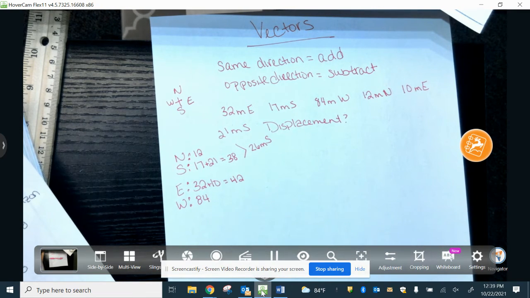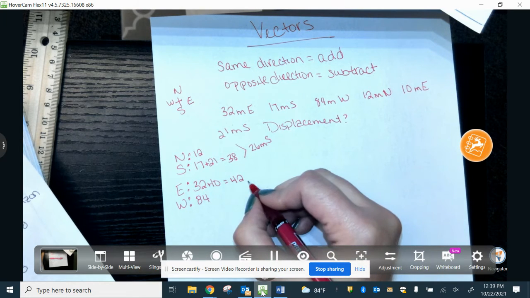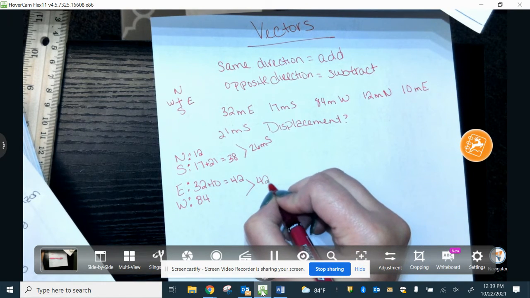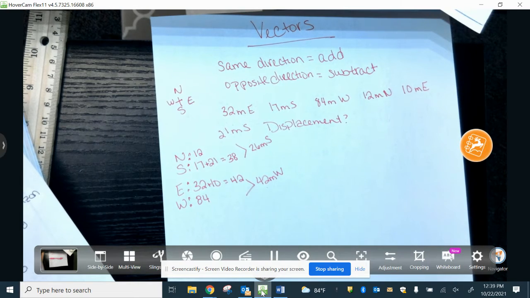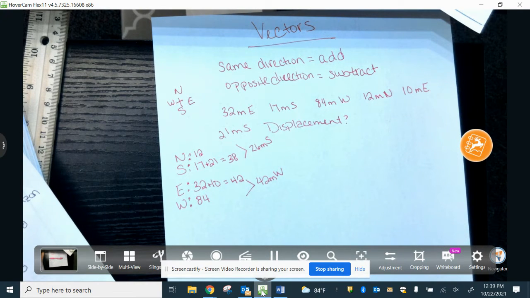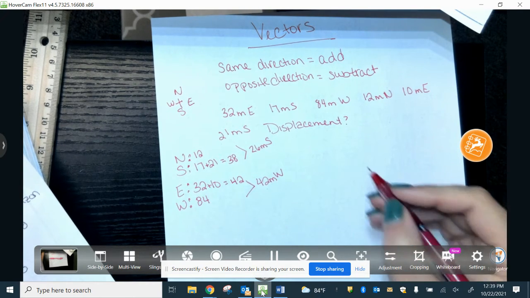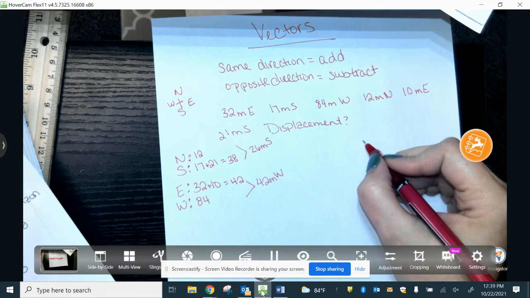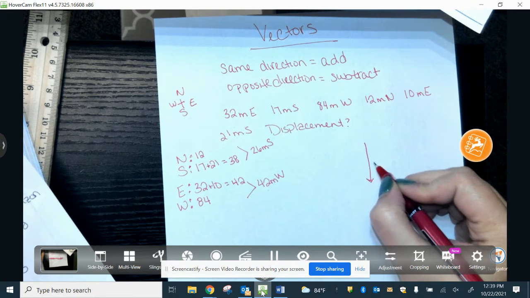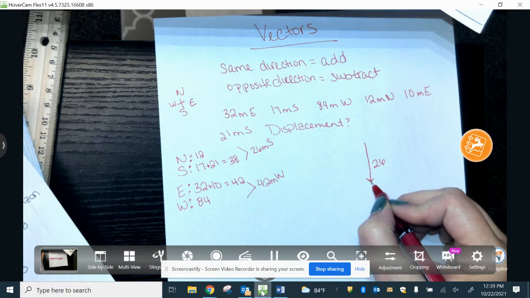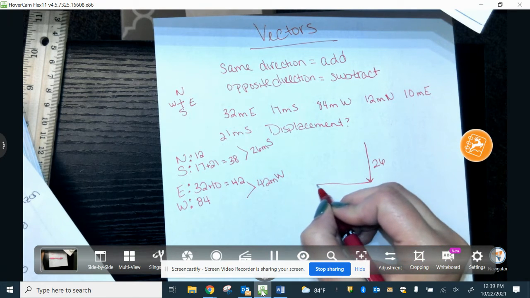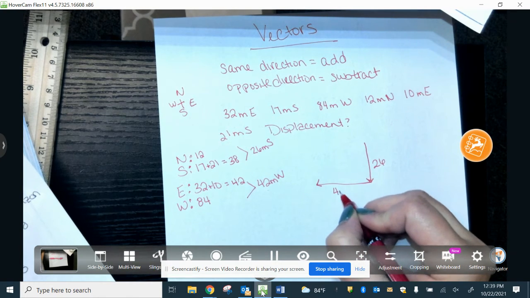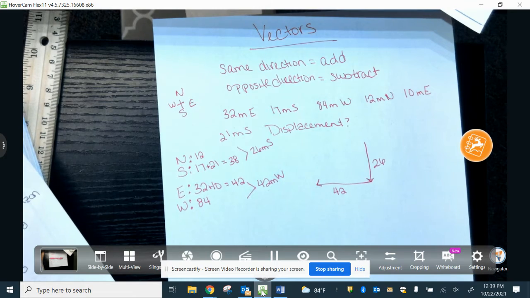Let's subtract these two. I'm going to go 84 minus 42, which is 42 meters west. From there, I can draw my vectors, 26 and 42.